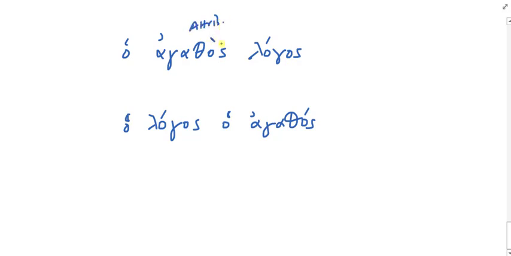And then how would I translate this? It's going to tell me what kind of logos, so it's the good word. Okay? Now, the attributive adjective, is it first or second relative to the noun? Which one comes first, the adjective or the noun? The adjective does. So this is called the first attributive position. Okay, so the reason it's called first is because with respect to the noun, it happens first.